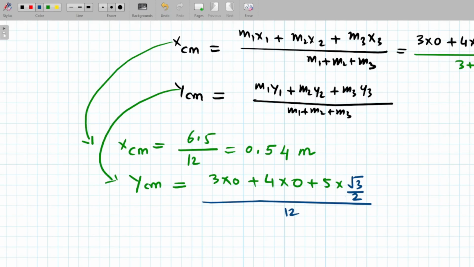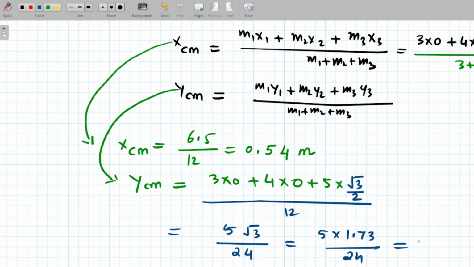Okay. Tell me. So we are getting 5 root 3 upon 12 into 2 becomes 24. So you can calculate it 5 times 1.73 upon 24.